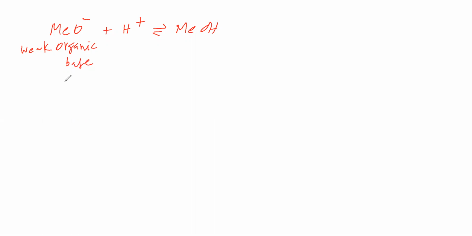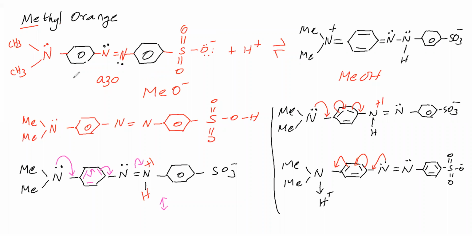Okay, then since it is a base, it is the basic form. Therefore this is what? The acidic form. How do we say it is the acidic form? It is giving H plus in the backward reaction, therefore it is the acidic form. Next, this one is taking H plus and becomes an ion, therefore it is the ionized form.